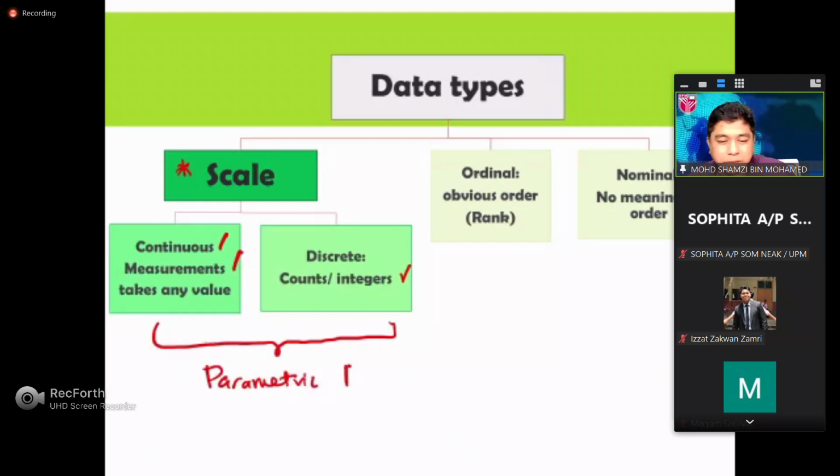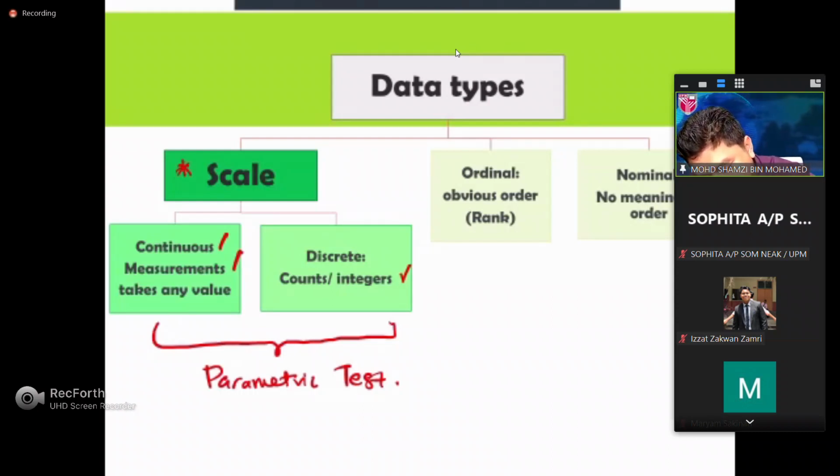You look at the nature of your data, which is continuous, and the other rule for parametric test is that it follows normal distribution.